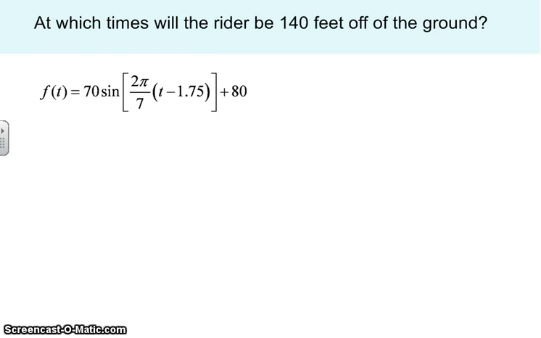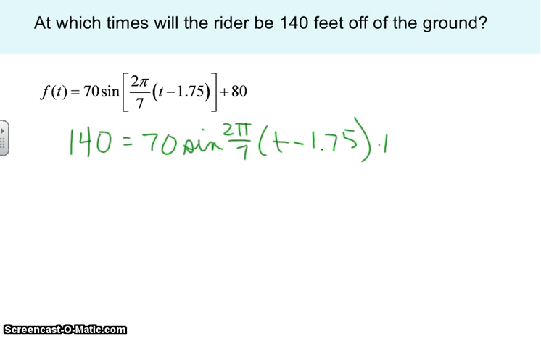The next thing that I would like to do is ask, at what times will the rider be 140 feet off the ground? Well, in order to do this, I am simply going to make f of t 140, and I am going to solve for t. I'm going to solve this equation.